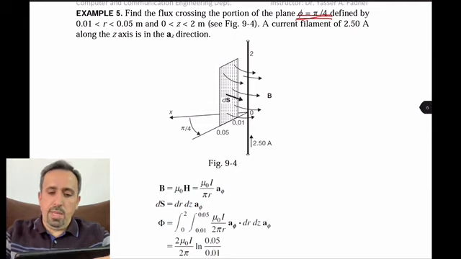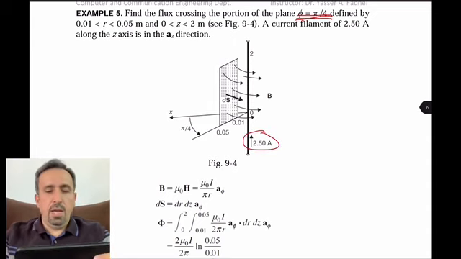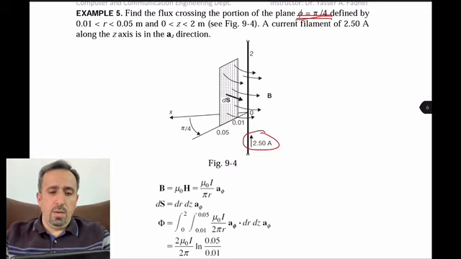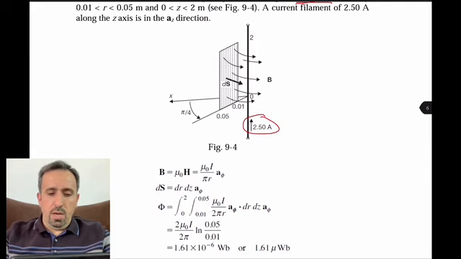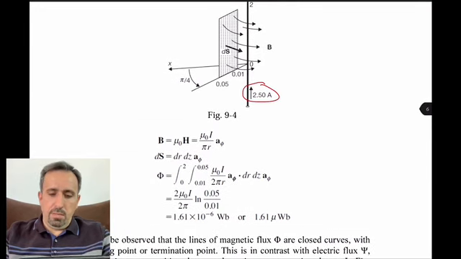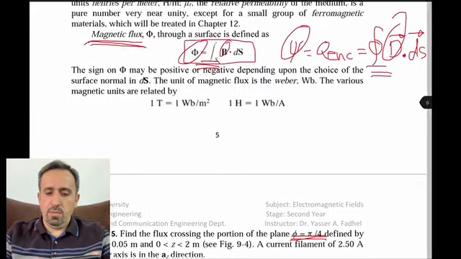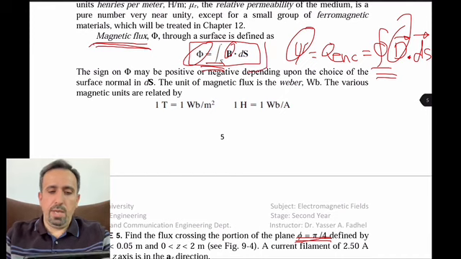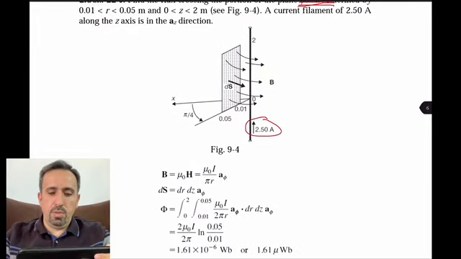Keep in mind that you have a current of 2.5 amperes along the z-axis, in the az direction. Now applying the previous formula, phi equals B dot dS.